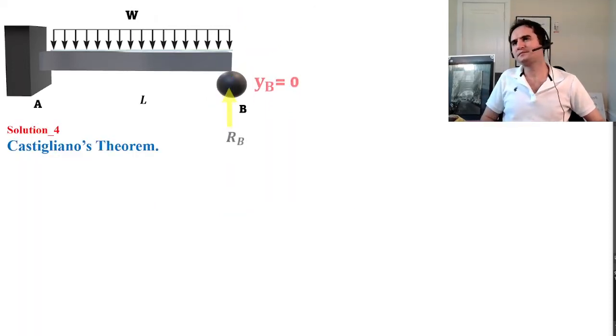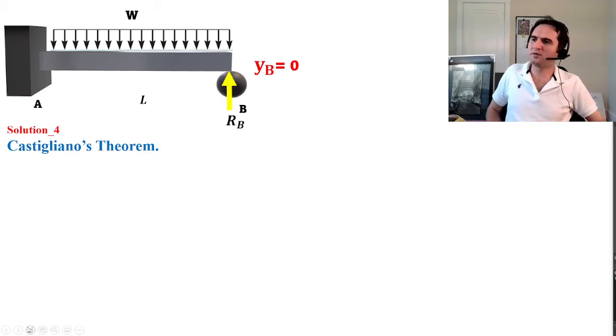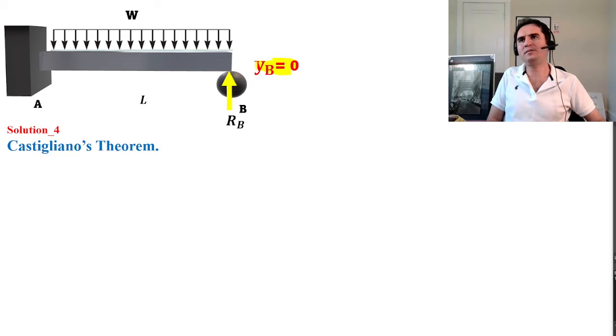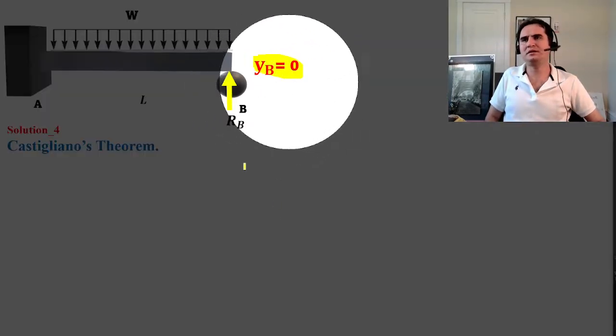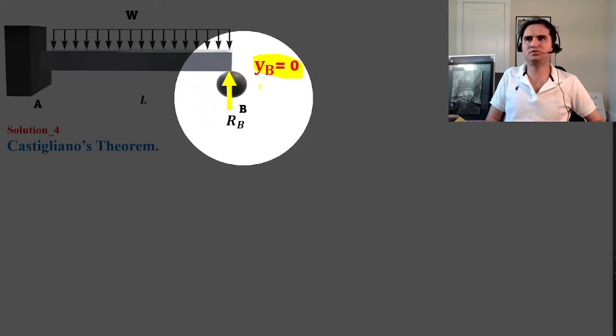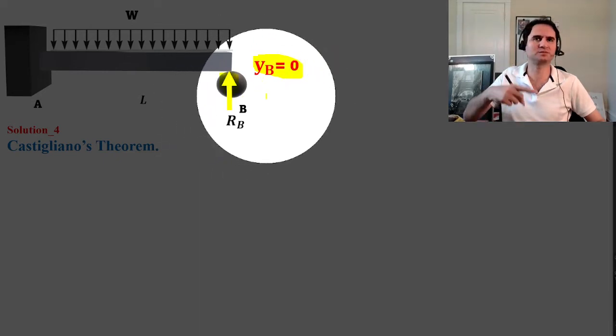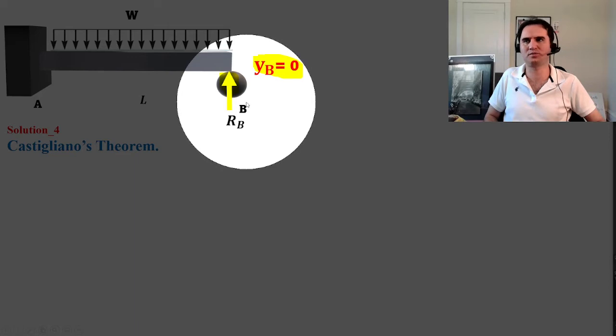In our specific problem, to calculate RB, we know that the deflection yB at B is 0 due to our geometry; there is no displacement at B due to the ball support there.